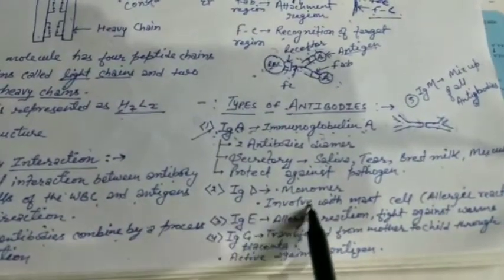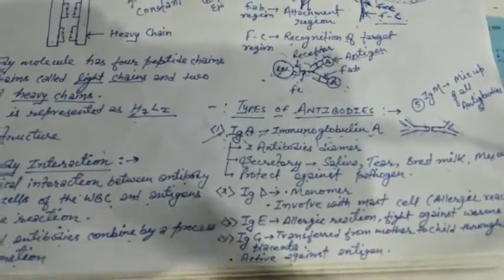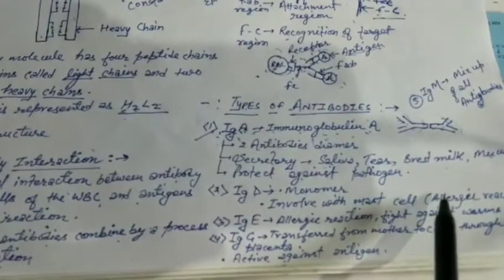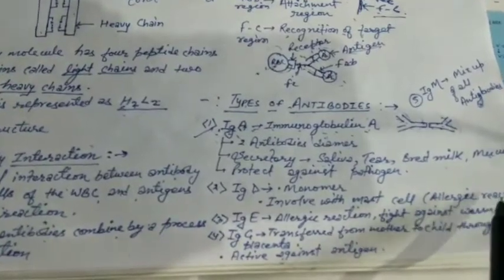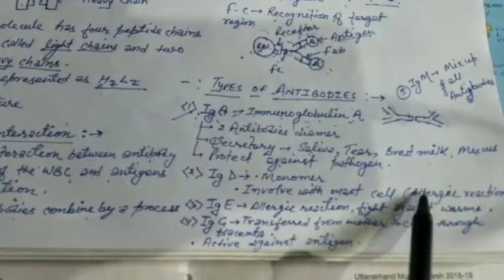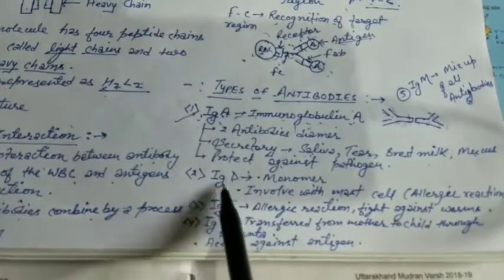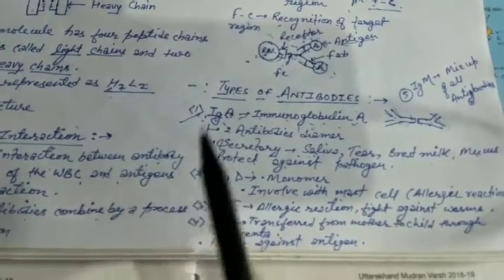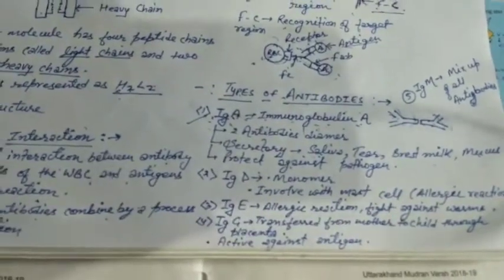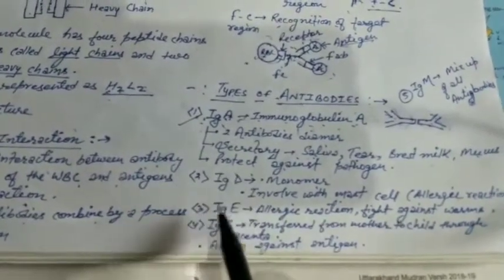It is involved with the mast cells, and it is usually produced in allergic reactions, when there is an allergy to something. So for allergic reactions, the IgD antibody is used. This question is also asked: which antibody helps in allergic reactions or helps in curing allergy? So this one is IgD and IgE.